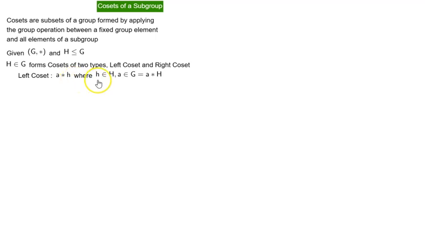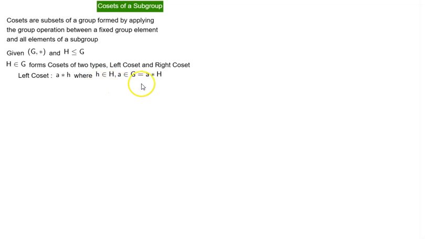So a times h, where h is in H, a is in G, and this we normally write as a times capital H. The difference between the small h and the big H is that the small h tells us that we are talking of a particular element of the subgroup H. What we are doing is taking all elements of a subgroup and multiplying them one by one with a.